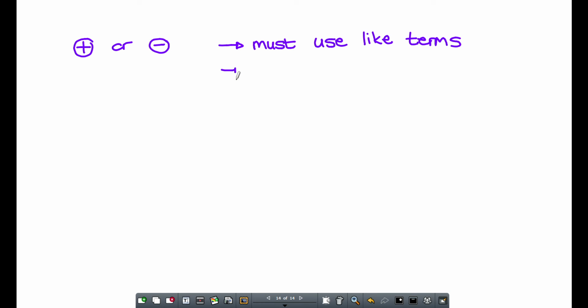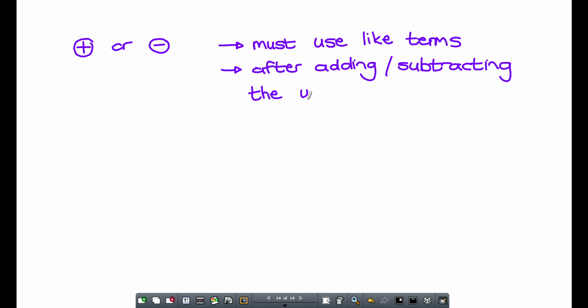And the second thing that you must remember there is that after addition or subtraction, the unknowns stay the same. So meaning they don't change, only the coefficient changes, right?